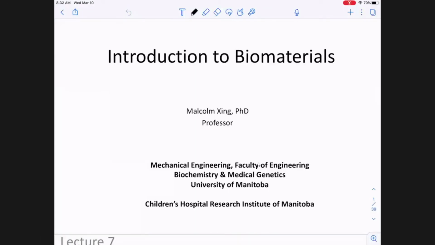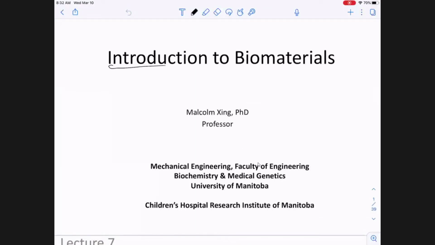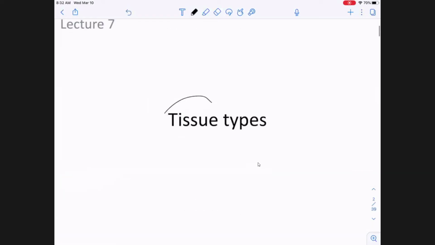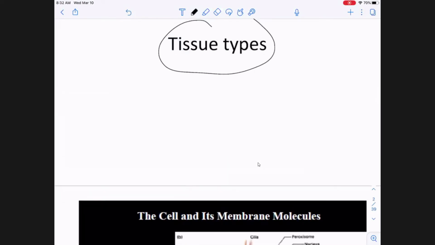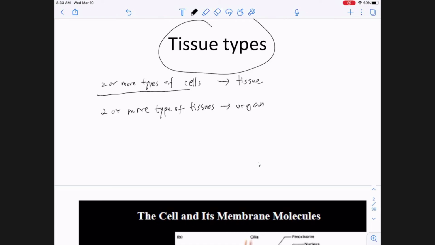Then we go to the cell type. In general, two or more types of cells make a tissue, and two or more types of tissues make an organ.